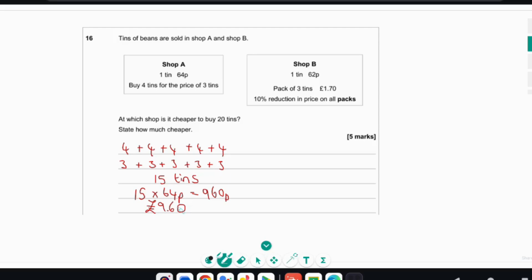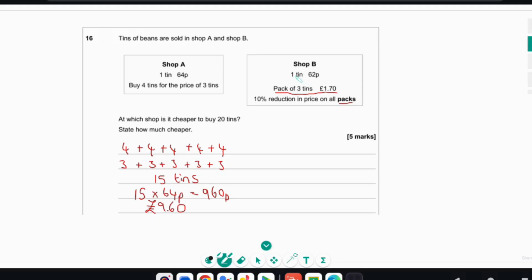Okay, so for shop B, you can either buy 1 tin by itself for 62 pence or a pack of 3 tins for £1.70. 10% reduction in the price on all packs. So you only get 10% reduction on these, okay? So the pack of 3 tins is already cheaper than buying 3 tins.